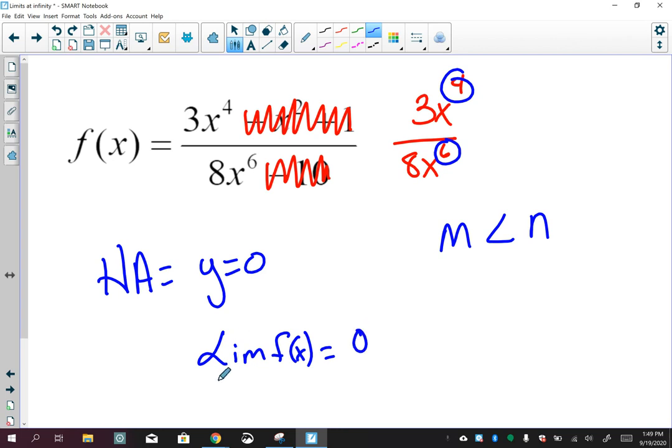And it's going to be true as my x approaches infinity. And it's also going to be true as my x approaches negative infinity. Okay.